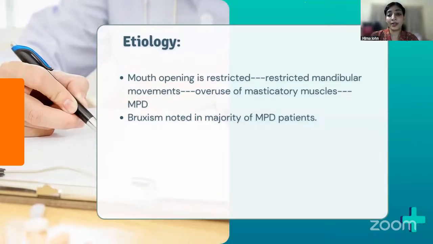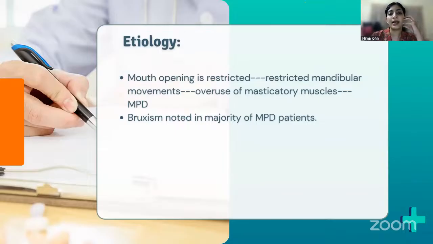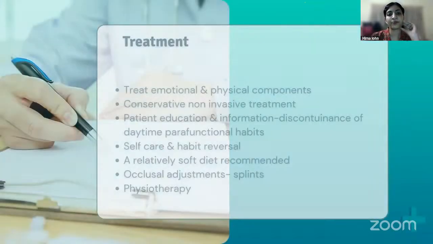Now, mouth opening could be restricted, and because of these restricted movements, one set of muscles might be acting more. So because of which it leads to overuse of masticatory muscles, and again, which leads to myofascial pain dysfunction syndrome.